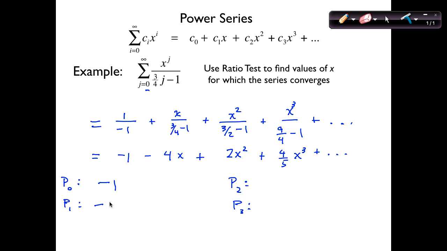You have -1, and then also, a partial sum is where you keep taking one more term each time, right? What's the next one? Negative 1 minus 4x. Then plus 2x squared, right?